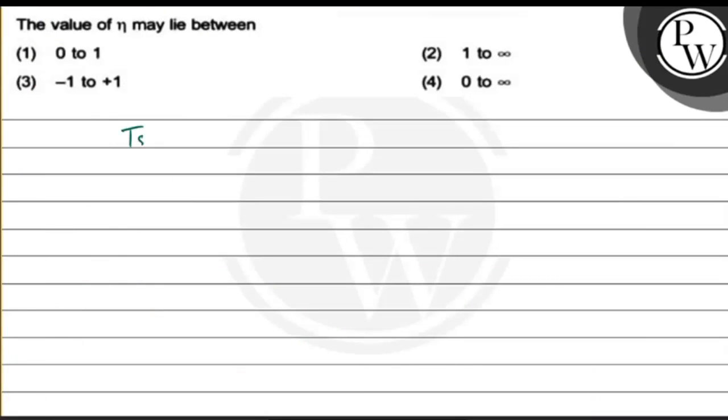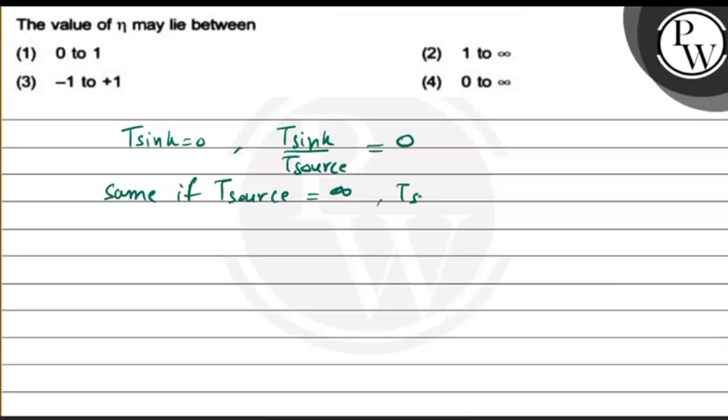If T of sink is equals to 0, then T of sink over T of source is equals to 0, and the same if T of source is equals to infinite and T of sink is some finite temperature.